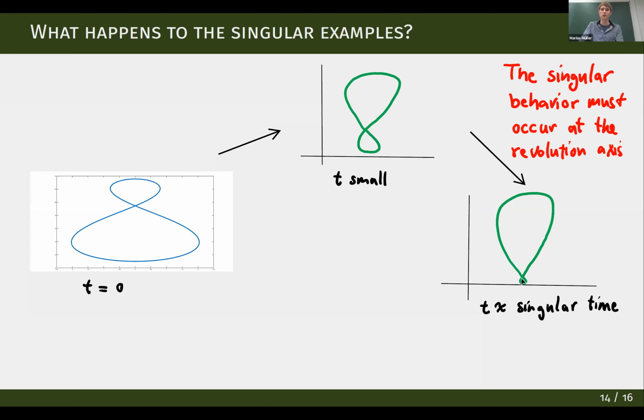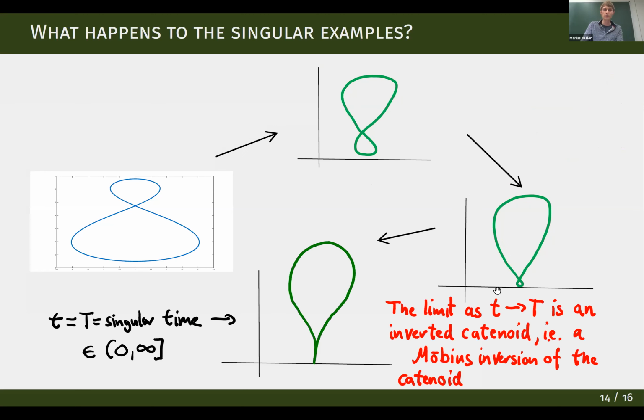All right. So just at the singular time, you will have a very small loop below here at the revolution axis. And then you can also sort of characterize, even though there's still some uncertainty here, that the limit will now be the inverted catenoid.